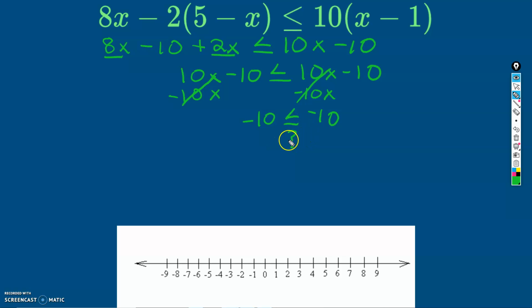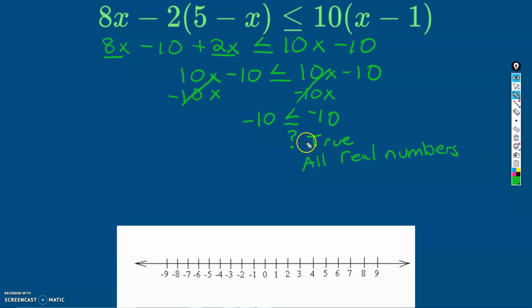So if you solve something out and you get rid of all your variables, you decide, well, is the end result true or is this false? Well, in this case, yeah, this is fine. So what's going to happen here? This is going to be all real numbers.